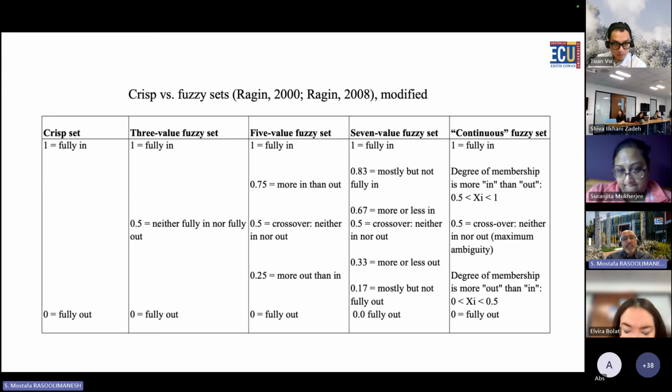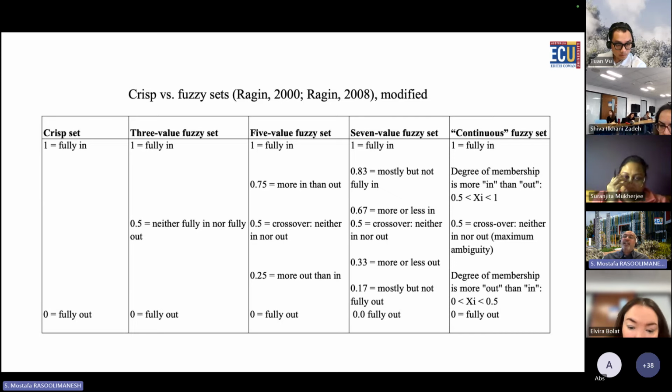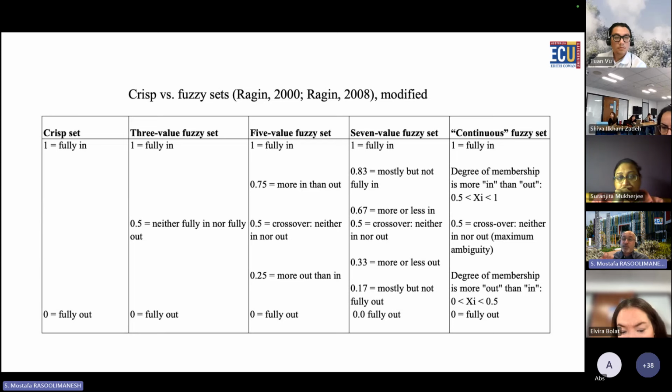Okay, either method, either interpretation that you apply, for fuzzy set, we assign multiple values to our data set between 0 and 1. So if we go for the highest level, that is continuous values, we calibrate our data with continuous values and assign different continuous values to our data.